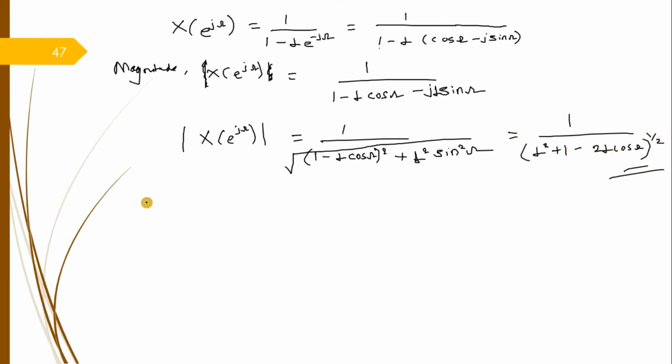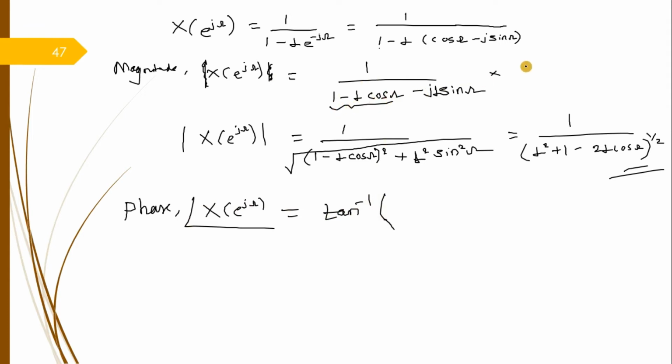Now similarly, if I ask you to find the phase, the phase is computed as the angle, which is tan inverse of imaginary part divided by real part. What is the imaginary part? This is a main quantity. If I want to rationalize it, how do I do it? This is a real quantity, right? 1 minus alpha cos omega.